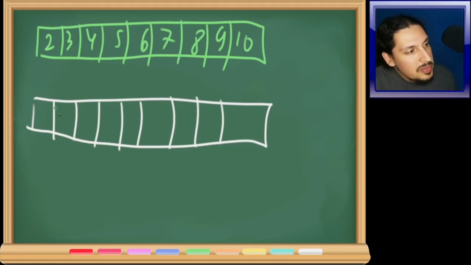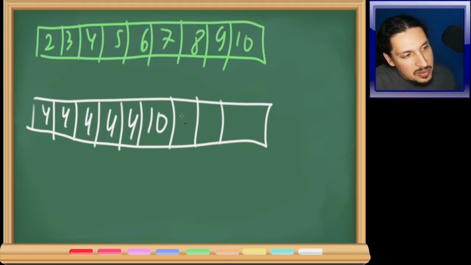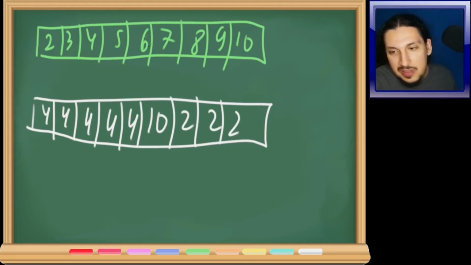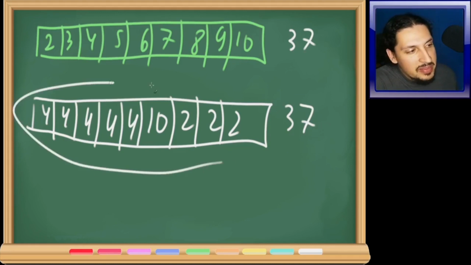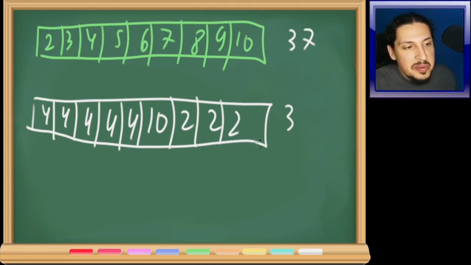For example, the target distribution is 4 in every cell, I don't know, but this one has 10 and this one too. So this should have the same sum. I didn't check, so probably the sum is very different, but let's say this one has sum 37 and this one has 37. That's okay, because if they have a different total of blocks, then obviously it's impossible.